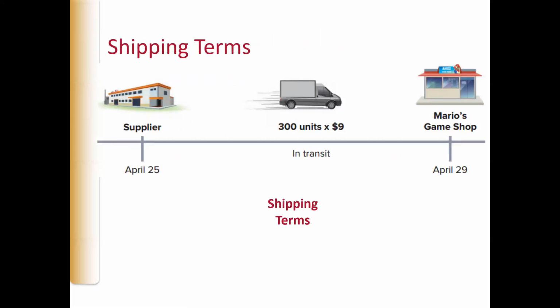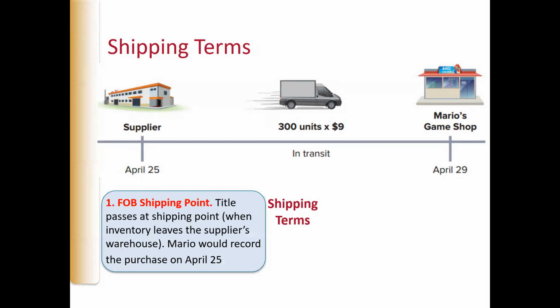There are some terms with shipping that we want to talk about. When Mario purchases items from the supplier, the seller, and the items are shipped FOB shipping point, that means free on board to the shipping point, which means the supplier's warehouse.